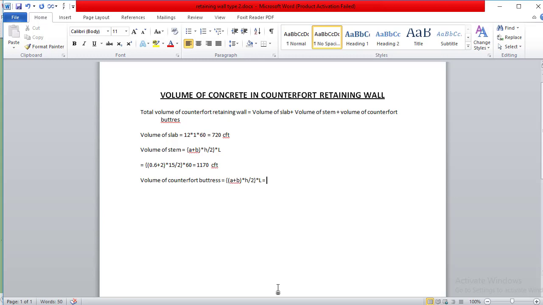By putting the values, a is 1 foot plus b is 6 feet, multiplied by the height 15 divided by 2, and multiplied by 8 inches, which is 0.6 feet, and we will get the volume of one counterfort buttress, which is equal to 31.5 CFT.